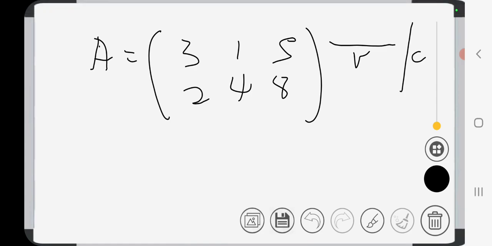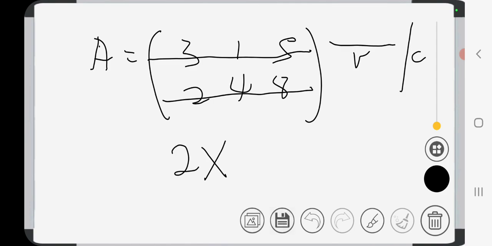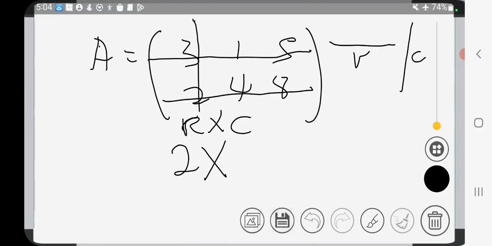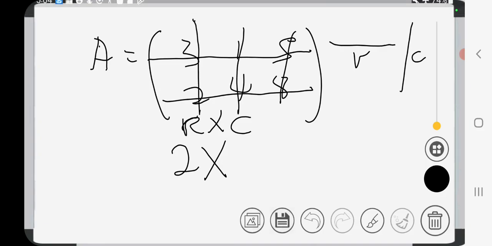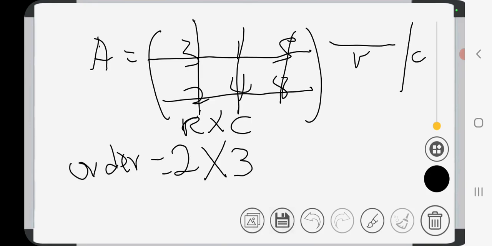Now this is the first row, row 1, row 2. So it's going to be 2 by, we normally write row by column. So the number of rows here is 2. The columns, the vertical lines, 1, 2, 3. So it's going to be 2 by 3. So the order of this matrix is 2 by 3.